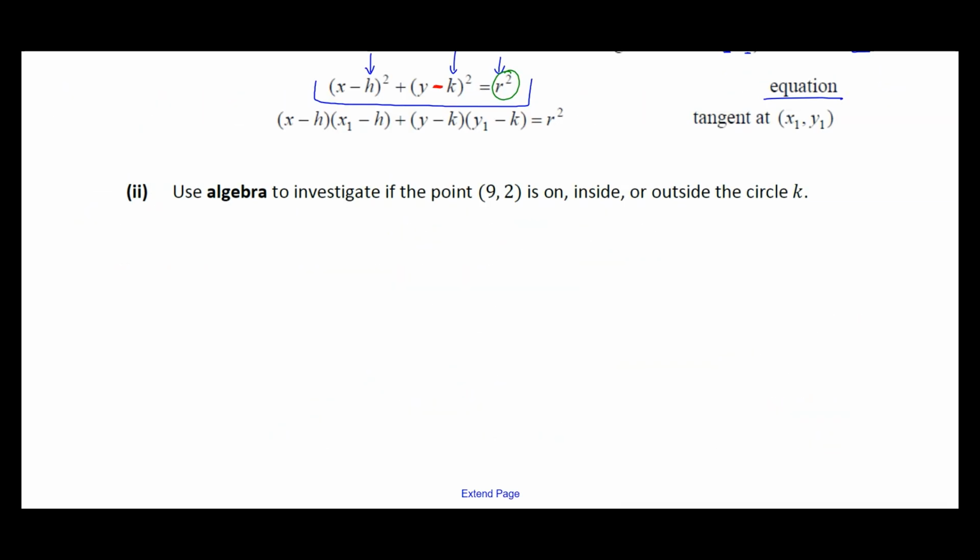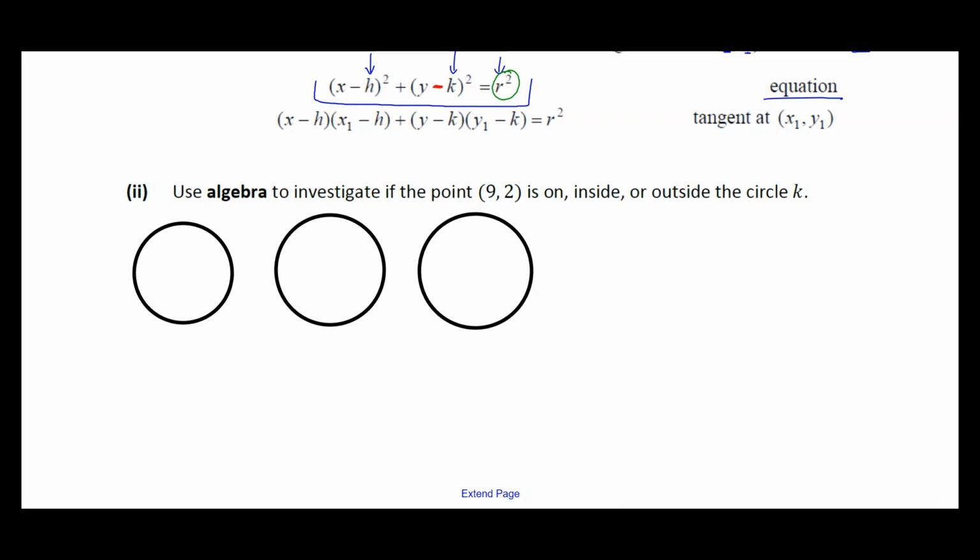Second part: use algebra to investigate if the point (9, 2) is on, inside, or outside the circle K. So the three situations that we have here, let's just draw 3 different circles. I can have that point on the circle, so let's say I have a point here with coordinates (9, 2). That's one situation. The other situation could be inside the circle somewhere, (9, 2).